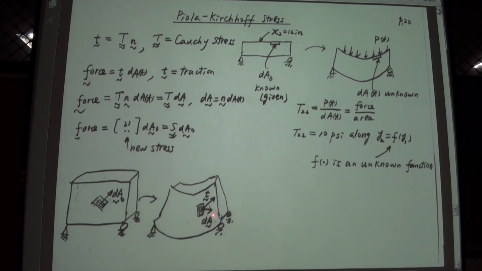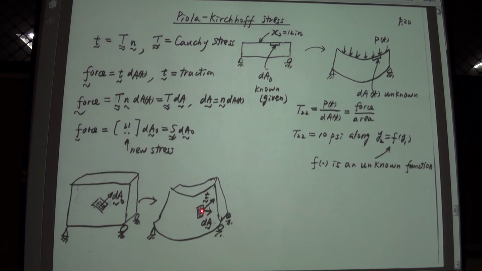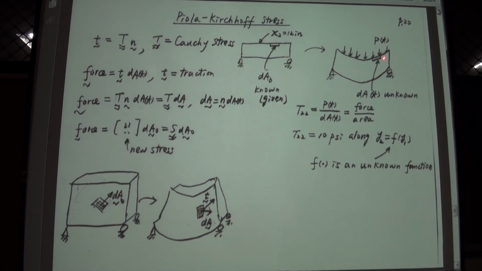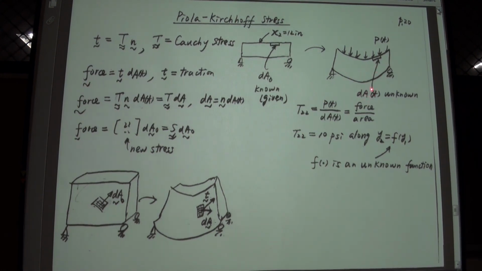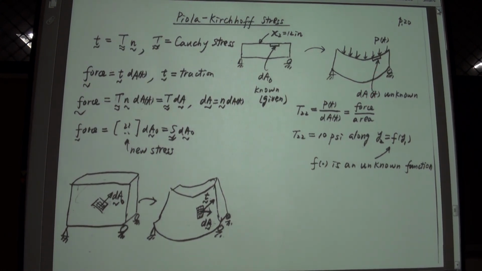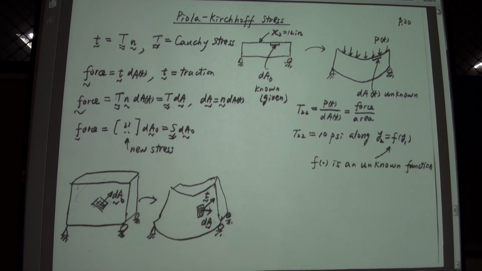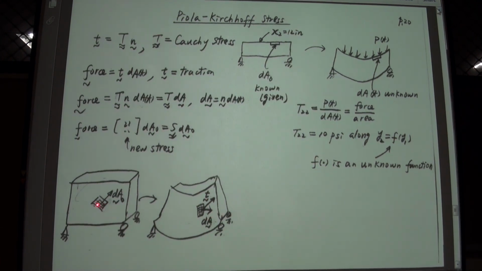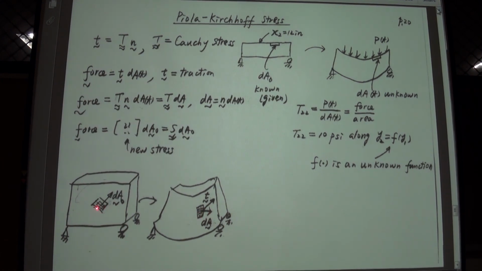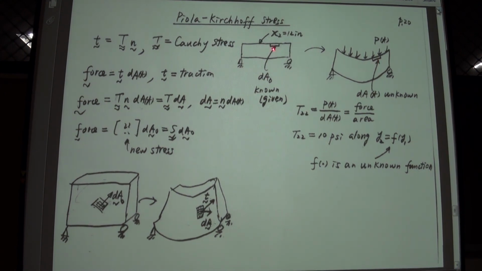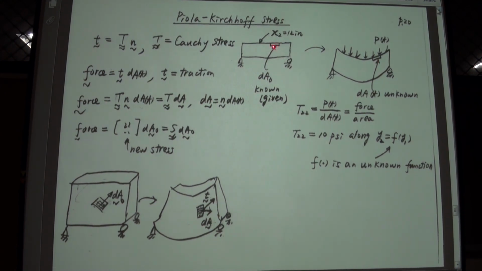Now the area here is unknown, just like the boundary here is unknown, right? dA is unknown. So we want to say that this small dA can be connected to this dA. It means that this small area element can be connected to this small area element, right?